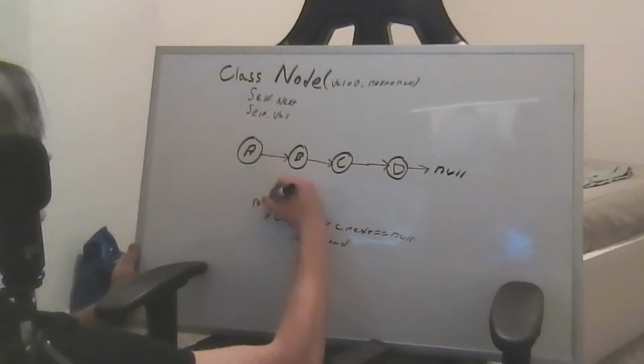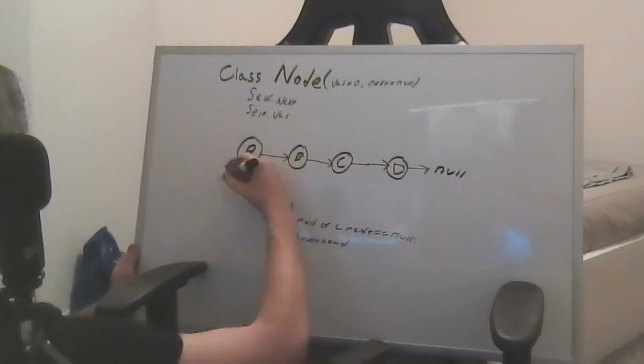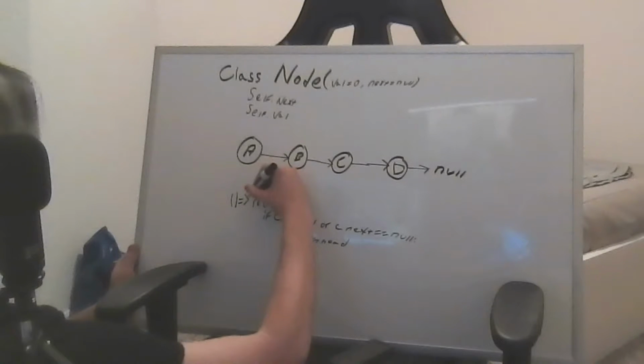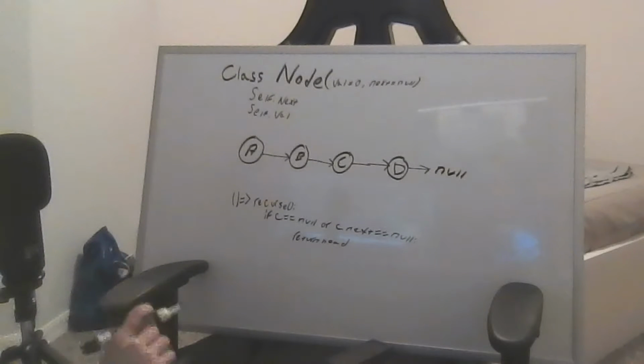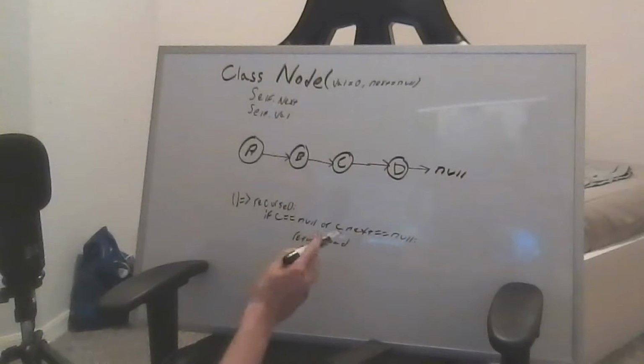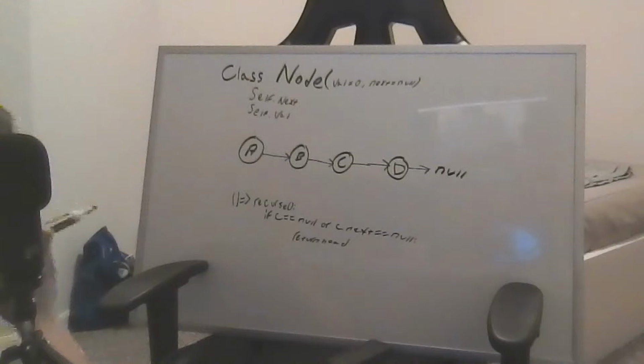So we're just going to define this as the function recurse. I'll just do the little JavaScript shorthand here. So we are going to start by making sure it's not already null, because then we would have nothing to reverse, or the next one isn't null.